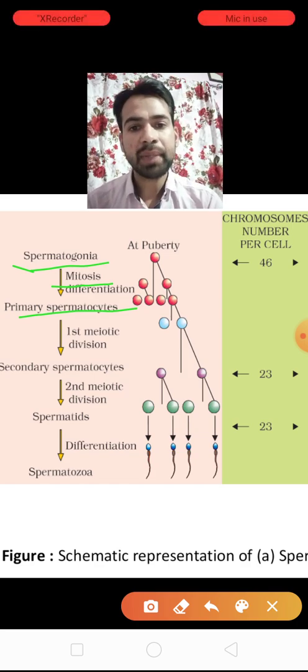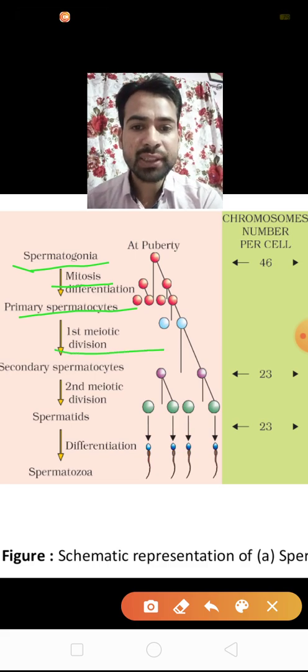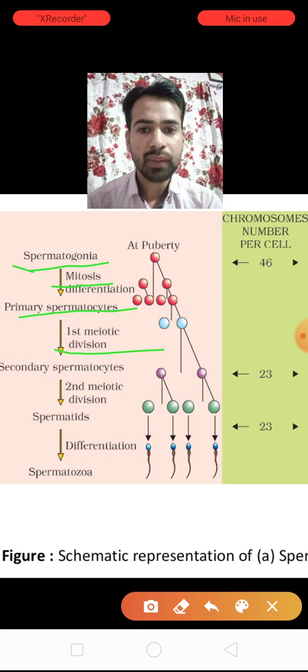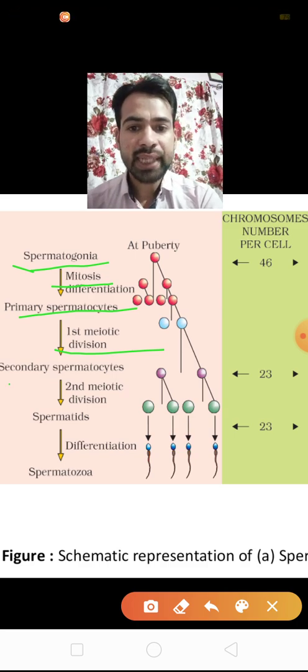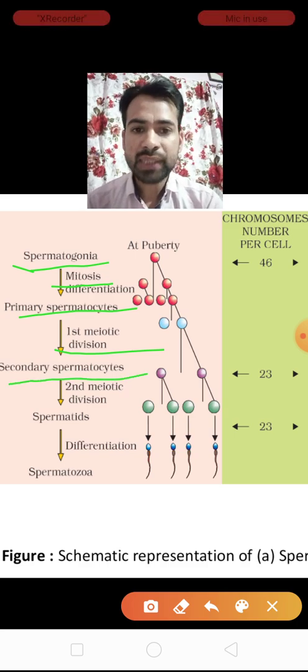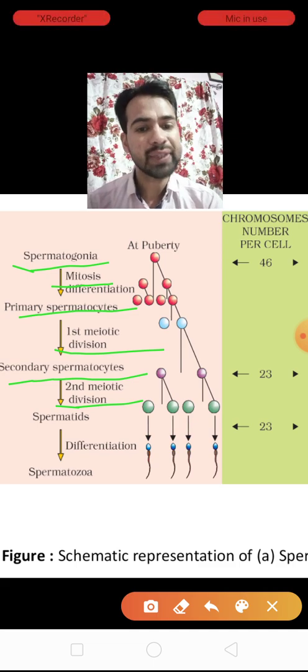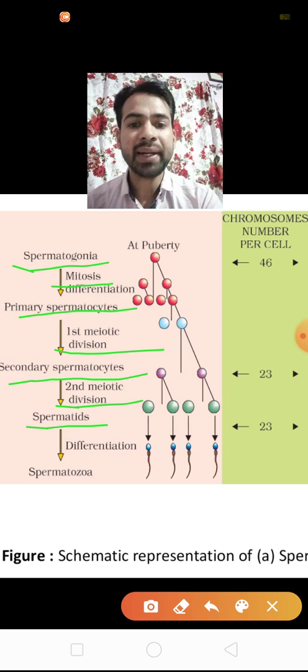The primary spermatocytes undergo the first meiotic division, that is reductional division, to form the secondary spermatocytes, and in the secondary spermatocyte the second meiotic division takes place to form the spermatids.